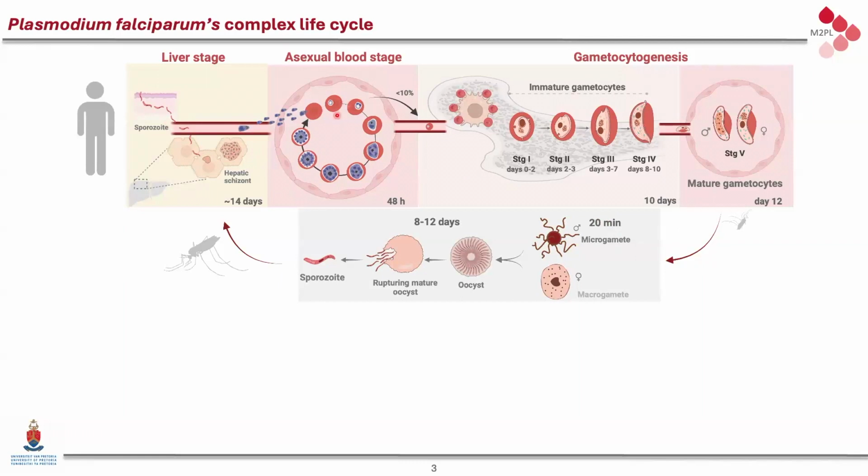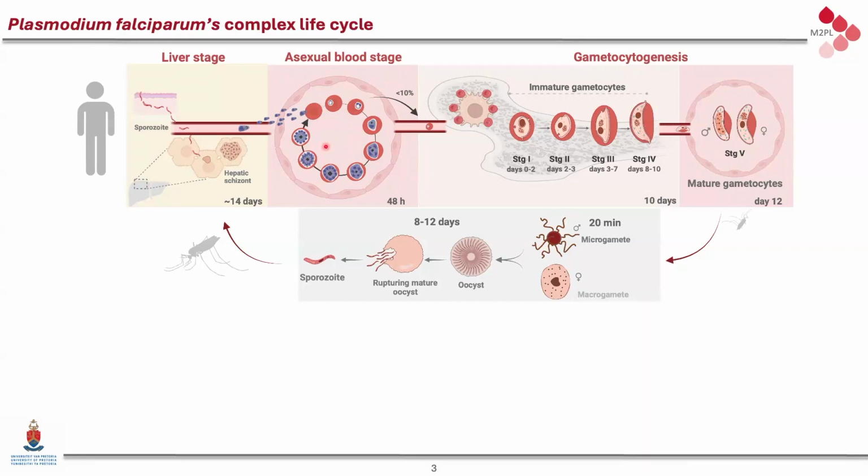So once inside the red blood cell, the parasite yet again undergoes multiple rounds of asexual replication to produce multiple new daughter merozoites, which can then reinfect red blood cells, and this process continues.